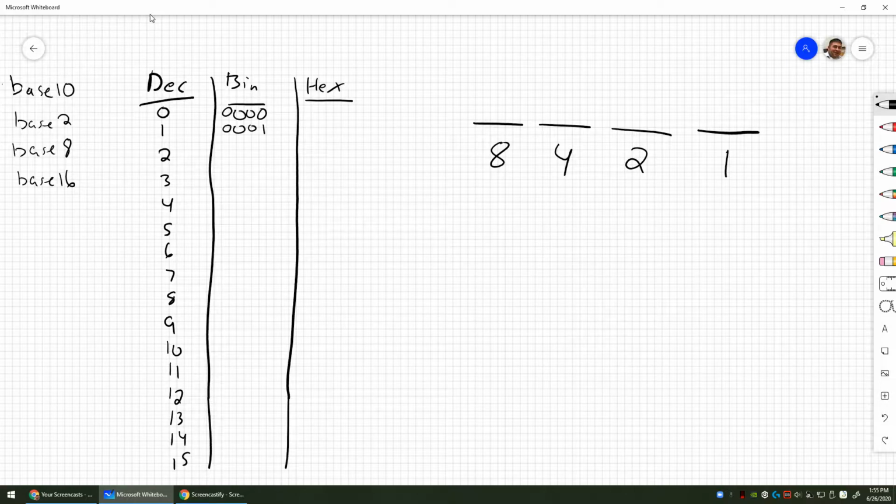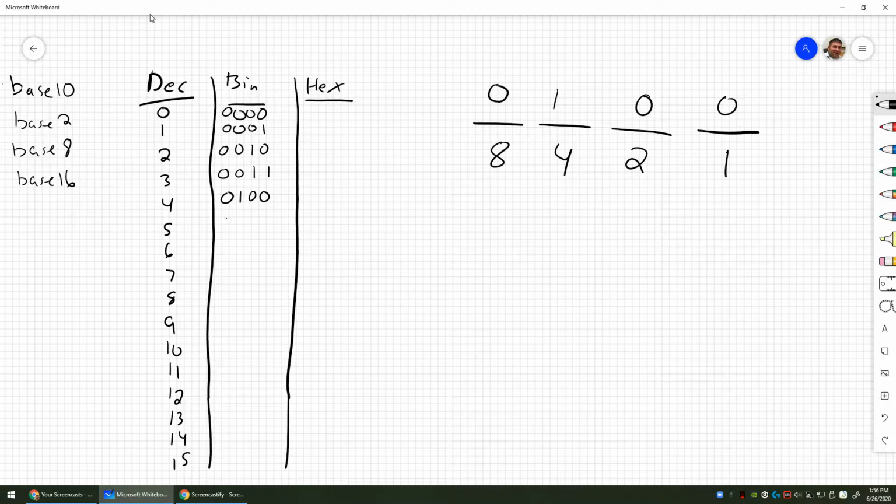Okay. 2 is going to be 0, 0, 1, 0, meaning I have 1, 2. 3, 0, 0, 1, 1. I have 1, 2, and 1, 1. 4 is I have 1, 4 right here. So let me do that. That would be 0, 1, like that. I have 1, 4.